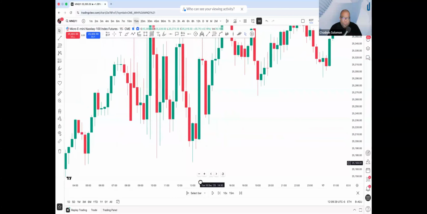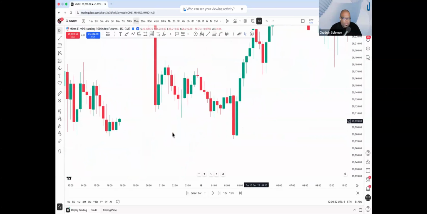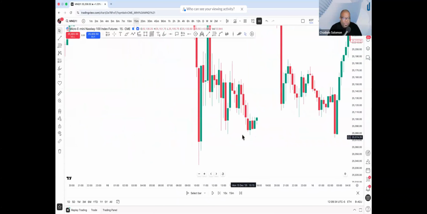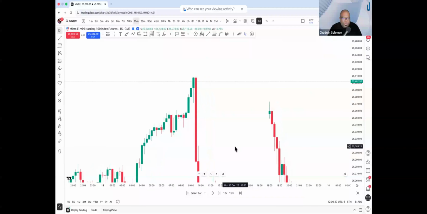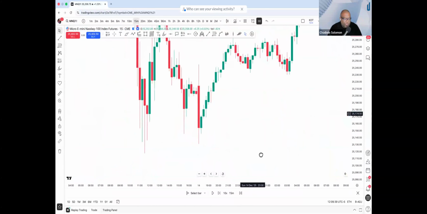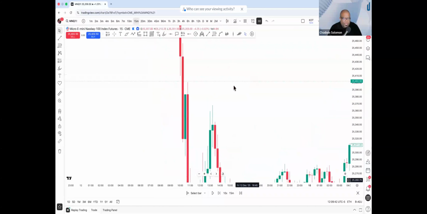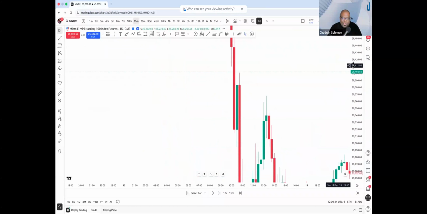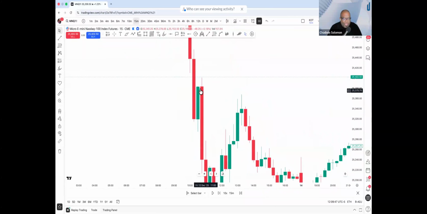If the basing candles have more body than they have wick, then you use the preferred method, like that. Everybody tracking?